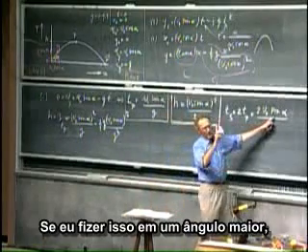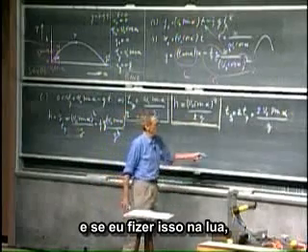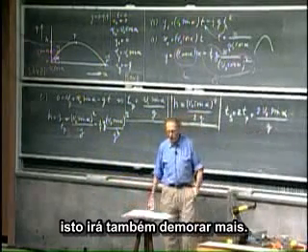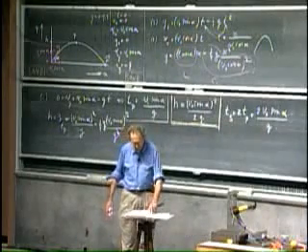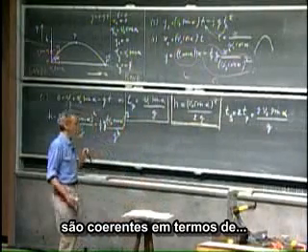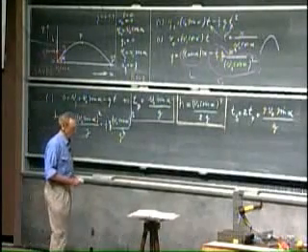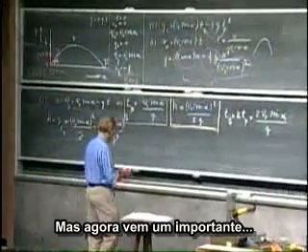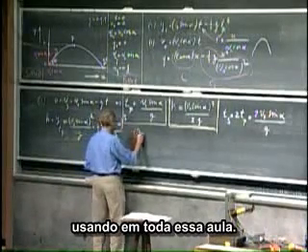If I do it at a higher angle, it will also take longer. And if I do it on the moon, it will also take longer. So this makes sense. These equations are pleasing in terms of the way that V0 and sine alpha appear in the equations. But now comes an important point which I'm going to use throughout this lecture.